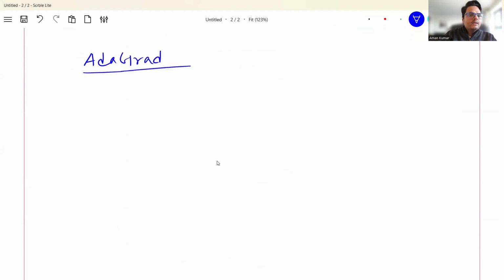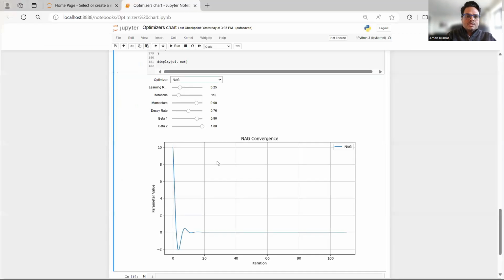In Adagrad, the word Ada stands for adaptive. What happens in Adagrad is your learning rate. We have been fixing the learning rate all this while. In my Python code also, you will see there is a parameter for learning rate, which I can increase or decrease.